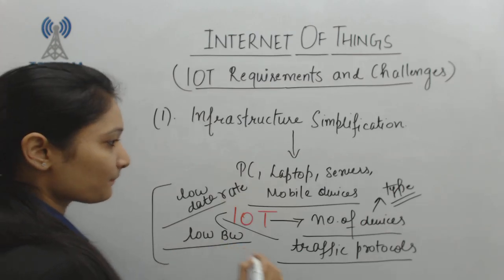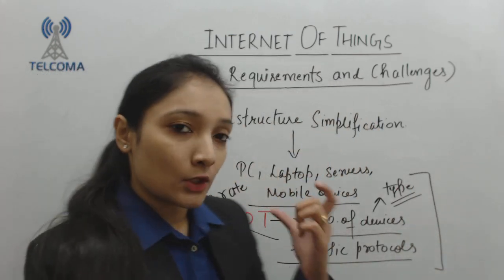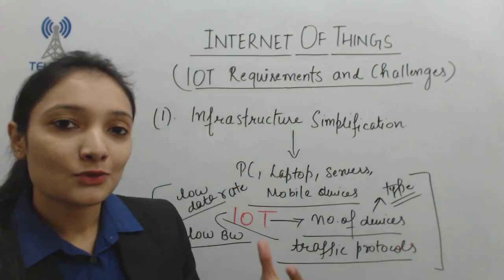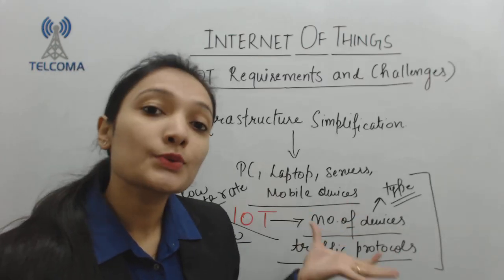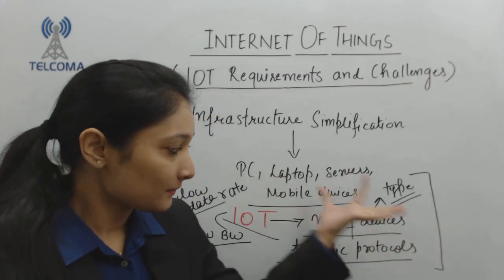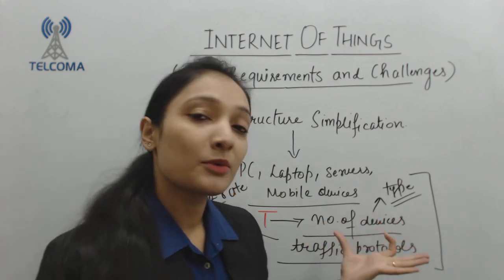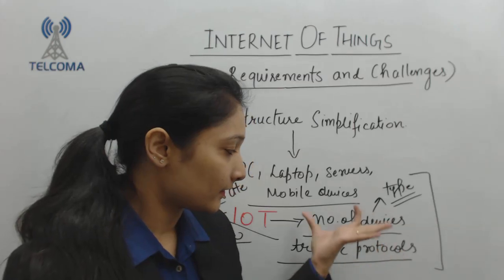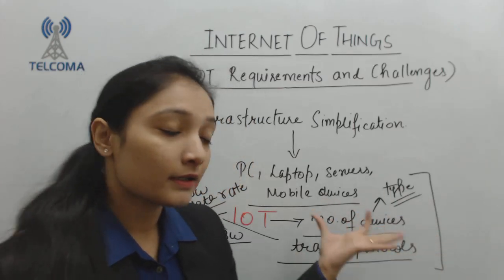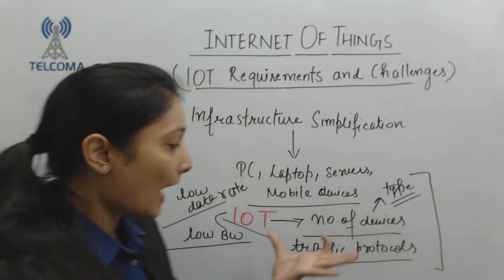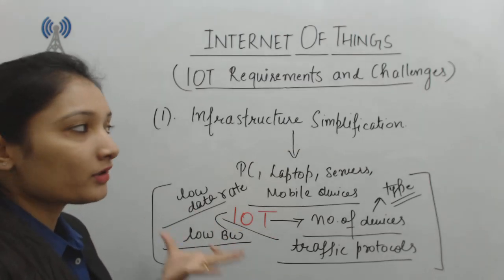So that means the infrastructure which is required here in order to get connected to the internet should not be more complex, but should be redesigned in order to reduce the cost and the complexity, keeping in mind these factors for your Internet of Things: a huge number of devices, like the sensor devices which are connected to the internet, the different traffic protocols, and the data capabilities and the bandwidth requirement.